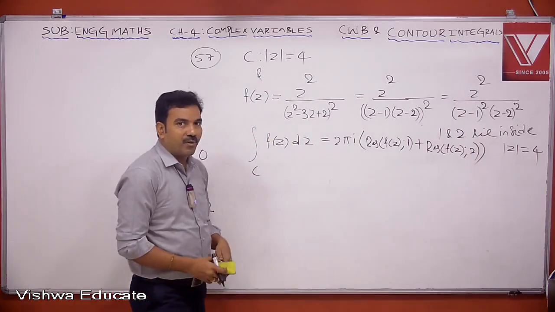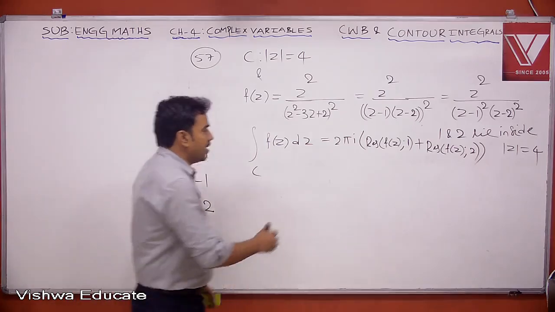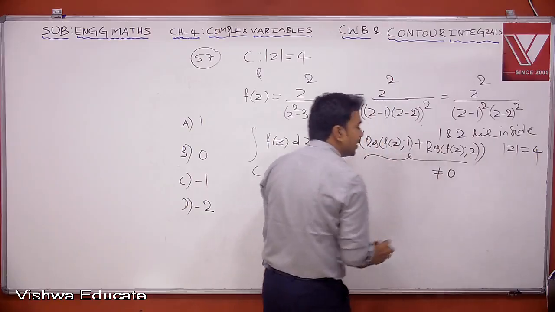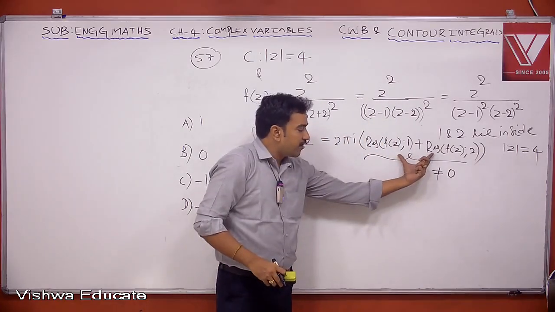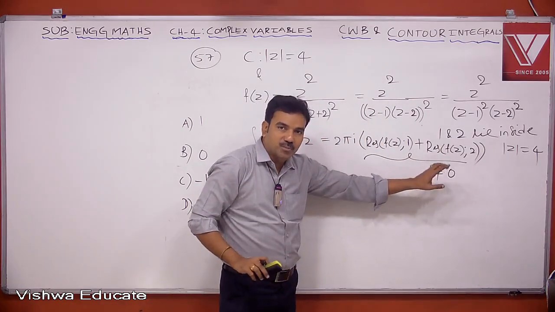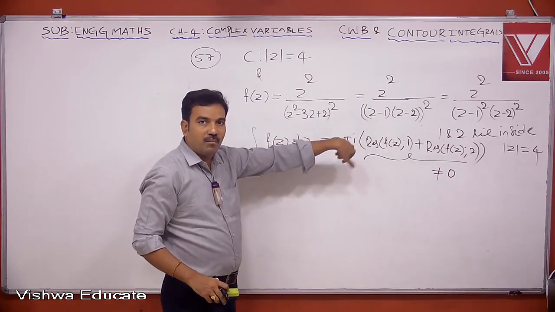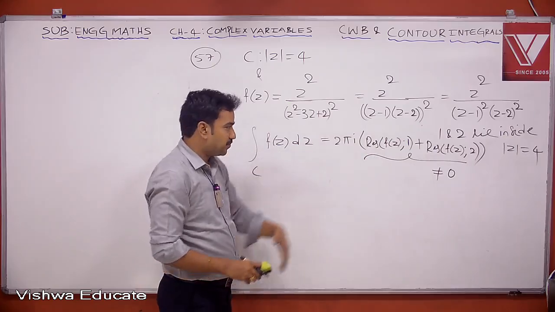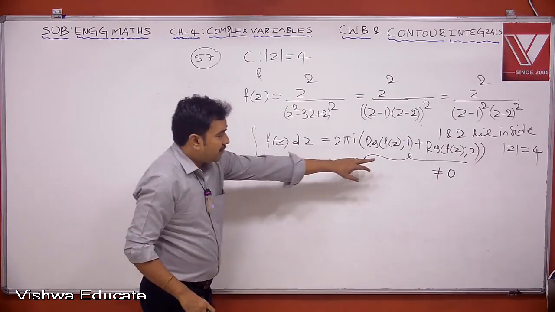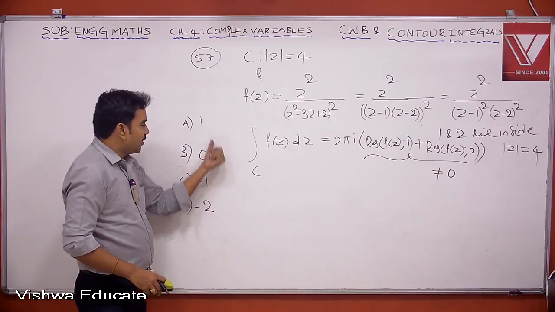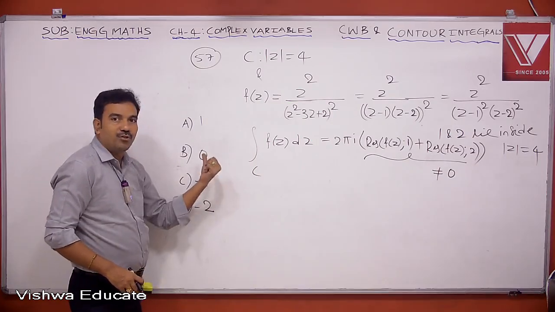But it is not required because when you look at the options, suppose the sum of residues is a non-zero expression, then the answer will be 2 pi i into some non-zero number. If it is a non-zero number, the answer will be multiples of 2 pi i. So there is no option which is a multiple of 2 pi i.